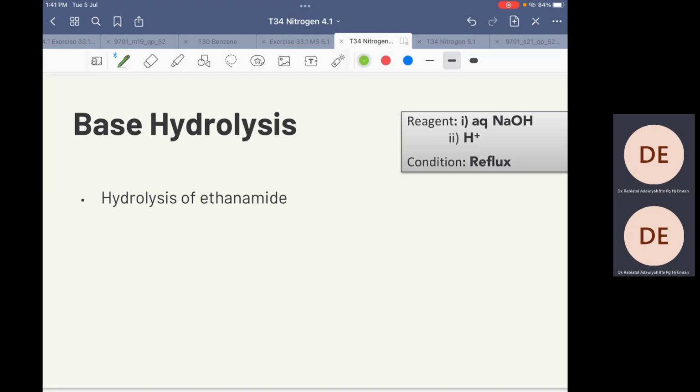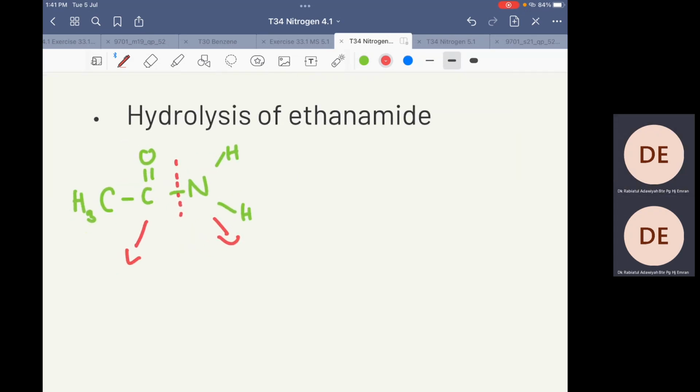Same thing. Ethanamide is when you have two carbon. Okay, again, we want to break that bond to form ethanoic acid, C double bond O, OH, CH3.